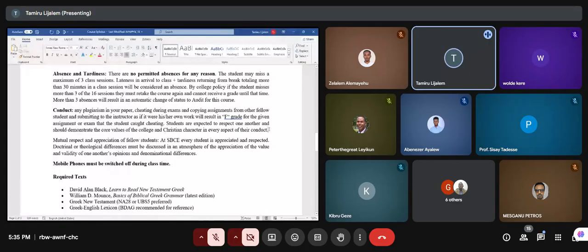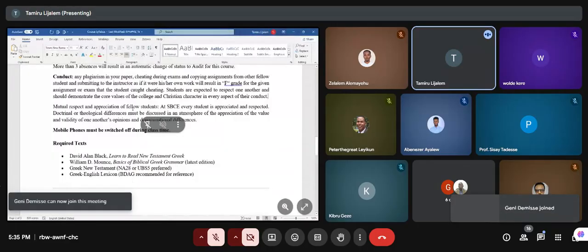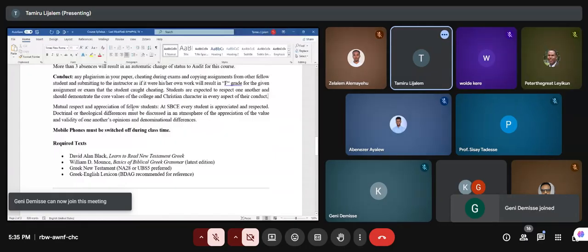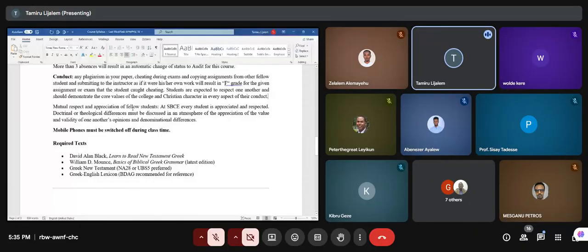And the other conduct is mutual respect and appreciation of fellow students. We need to respect each other and develop mutual respect and appreciation of fellow students, and appreciate doctrinal or theological differences.